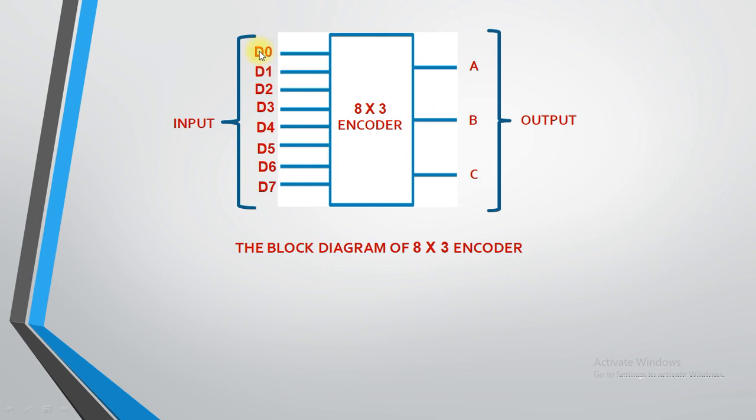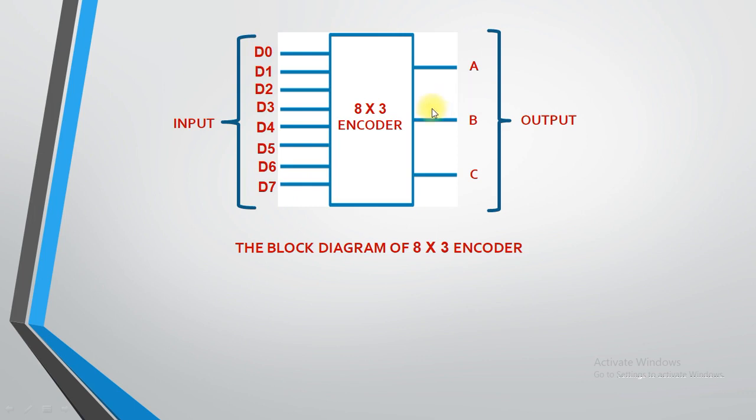If you don't want to take the D variable over here, then you can take any name like E or Z or A or anything else, right? But I have taken D0 to D7 as it is because I want to show the reverse operation of the decoder over here. So it is easy to remember, so I have taken the same variables. Otherwise it can be replaced by any name.